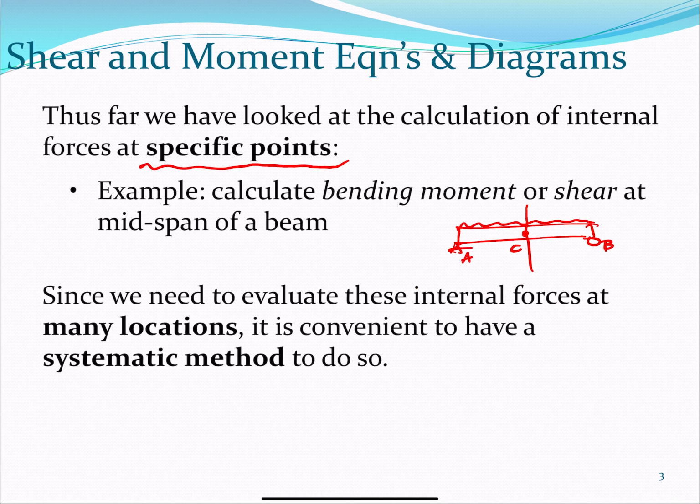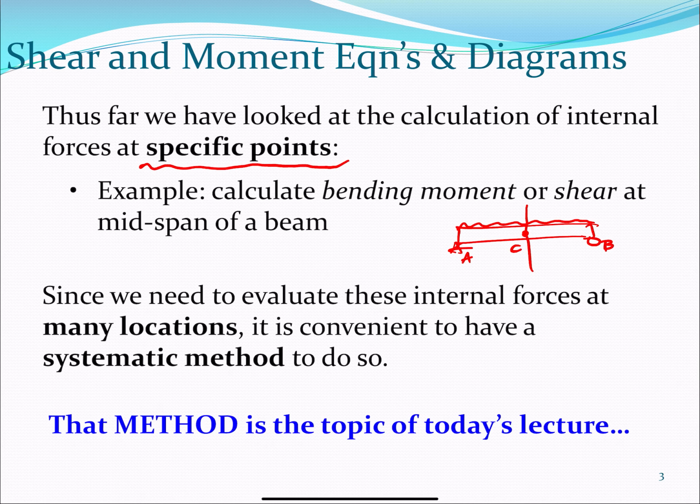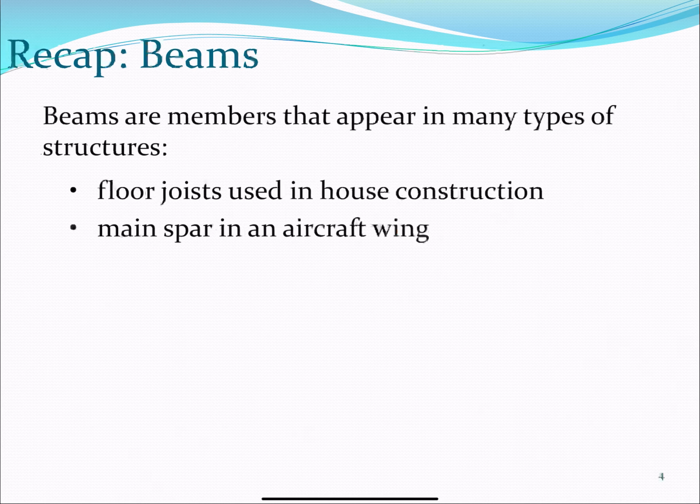And why would we need to know the variation of internal forces in a member? Now, this is a very important problem to solve, and this is the method that we'll discuss today.